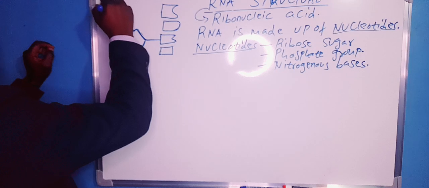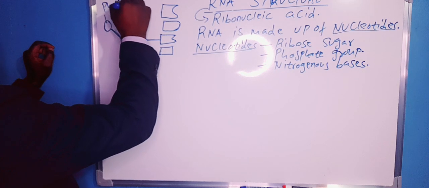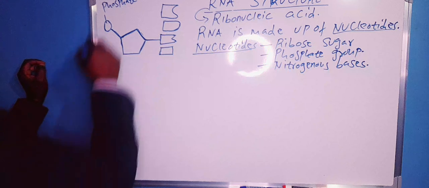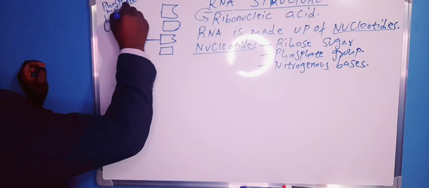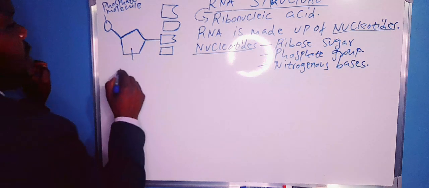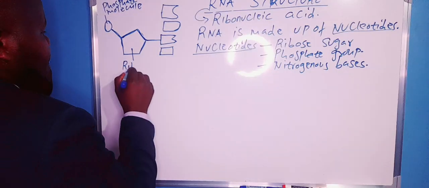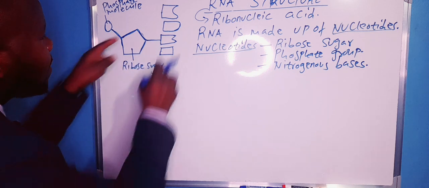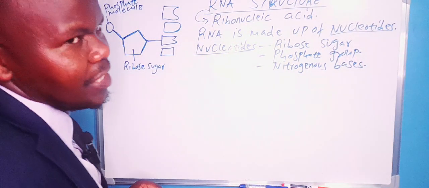The far end is the phosphate molecule. Then we have this structure here, that is our ribose sugar. Then these ones are nitrogenous bases.